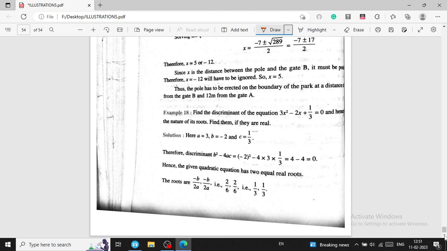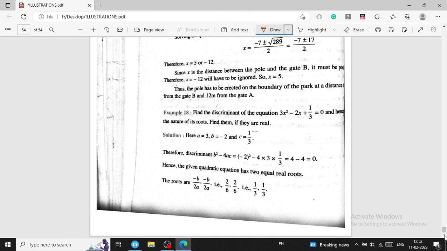I have tried to teach you all examples of class 10th math, because examples are very important. If you practice all examples of your book, then you can easily attempt the maths paper in your exam, because questions will be taken as examples.